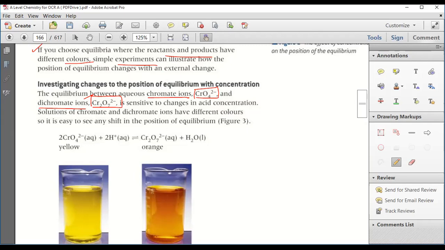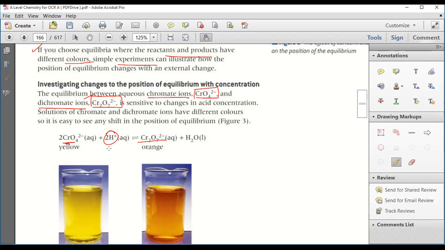Solutions of chromate and dichromate have ions with different colors. This yellow color is due to the chromate ion and this orange color is due to the dichromate ion. And if the concentration of this H positive changes, then this color will also change. Is that point clear?